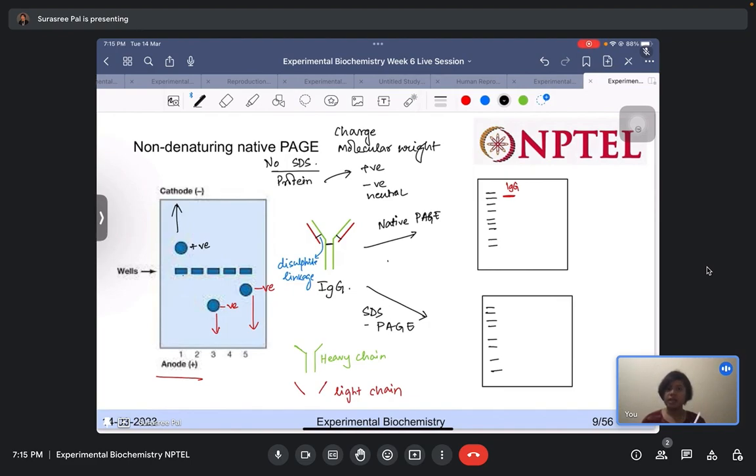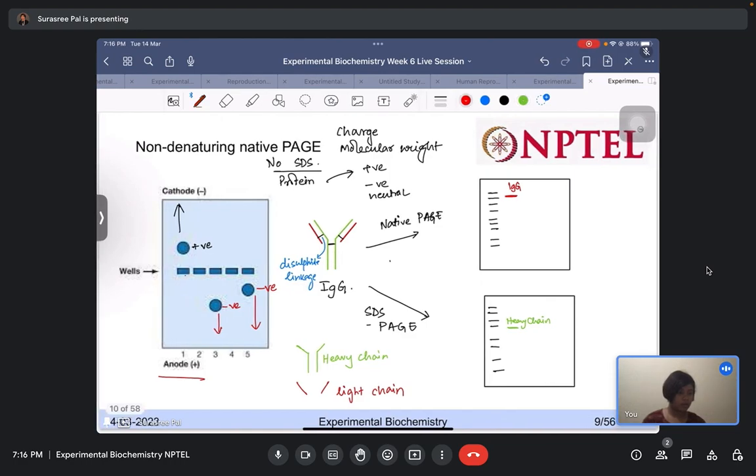One is of heavy chain, another will be of light chain. So there will be two bands. One will be of heavy chain and another will be of light chain.